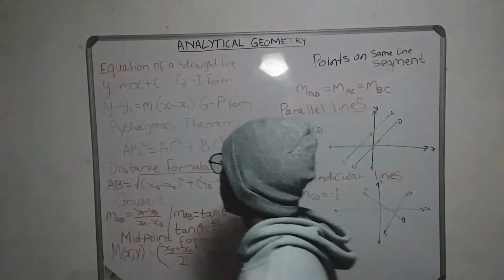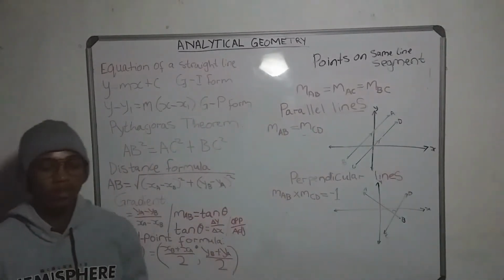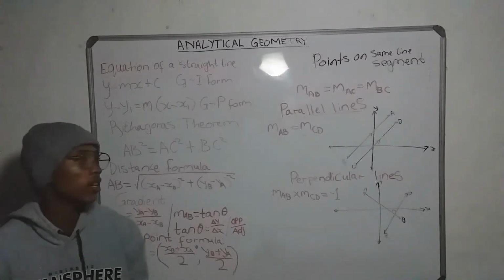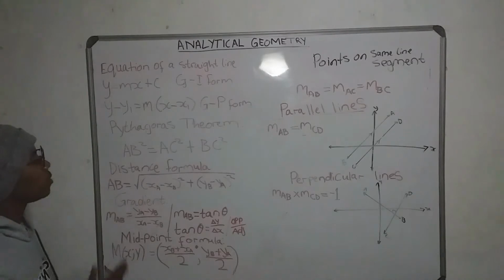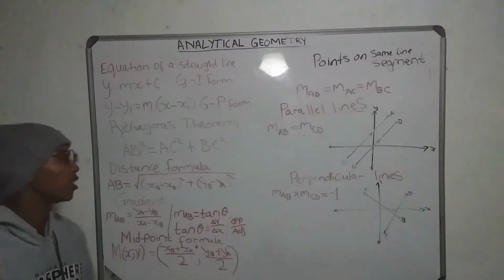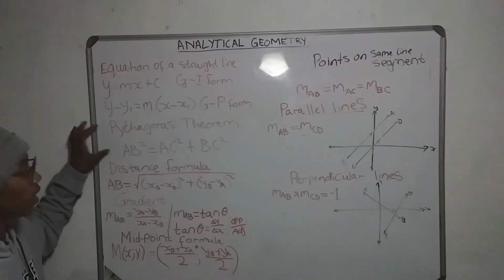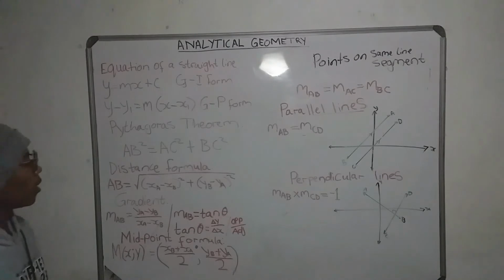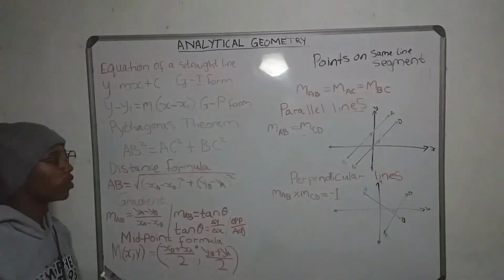So right over there. And then when we are dealing with a right angle triangle precisely, we are using Pythagoras theorem. This is AB squared equals AC squared plus BC squared. So we know this guy because we've been dealing with him since grade 9 or grade 10.